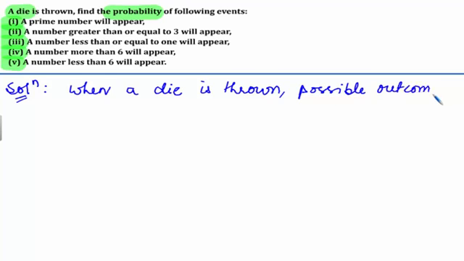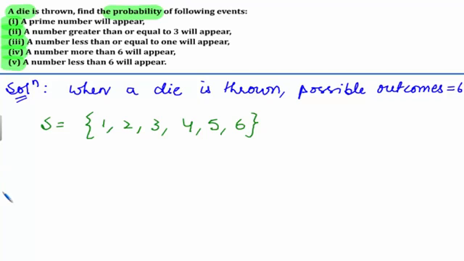Let us write down the sample space. So the sample space for this experiment is the numbers which appear on the faces of the die, which are 1, 2, 3, 4, 5 and 6.